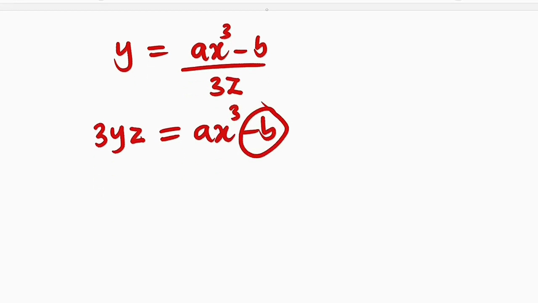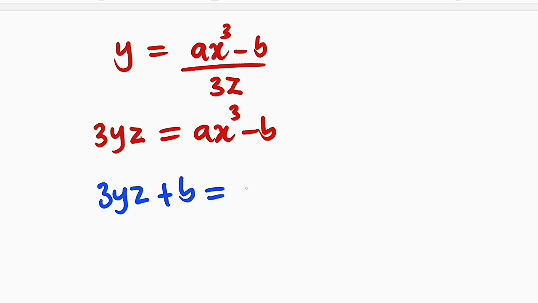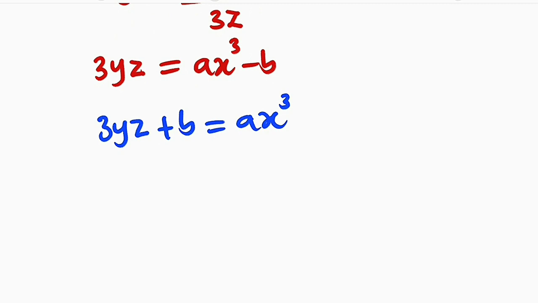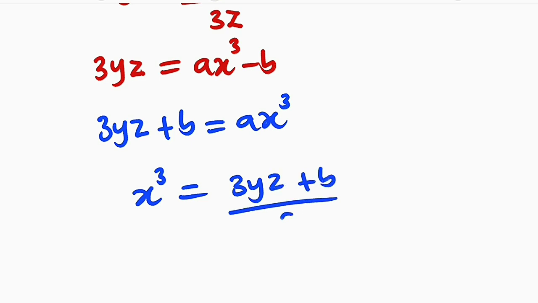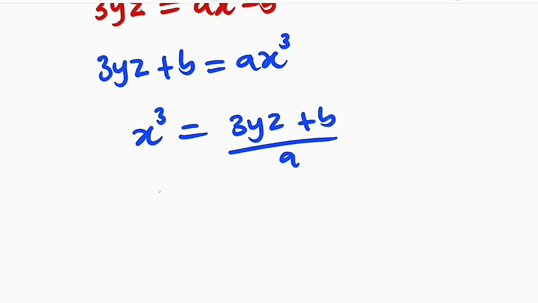Then you take b to the other side. It is negative here. To the other side, it will transform to positive. This is 3yz plus b equal to ax cubed. Our main goal is on x, so we can divide both sides by a, and hence x cubed is equal to 3yz plus b divided by a. And finally, take cube root of both sides.